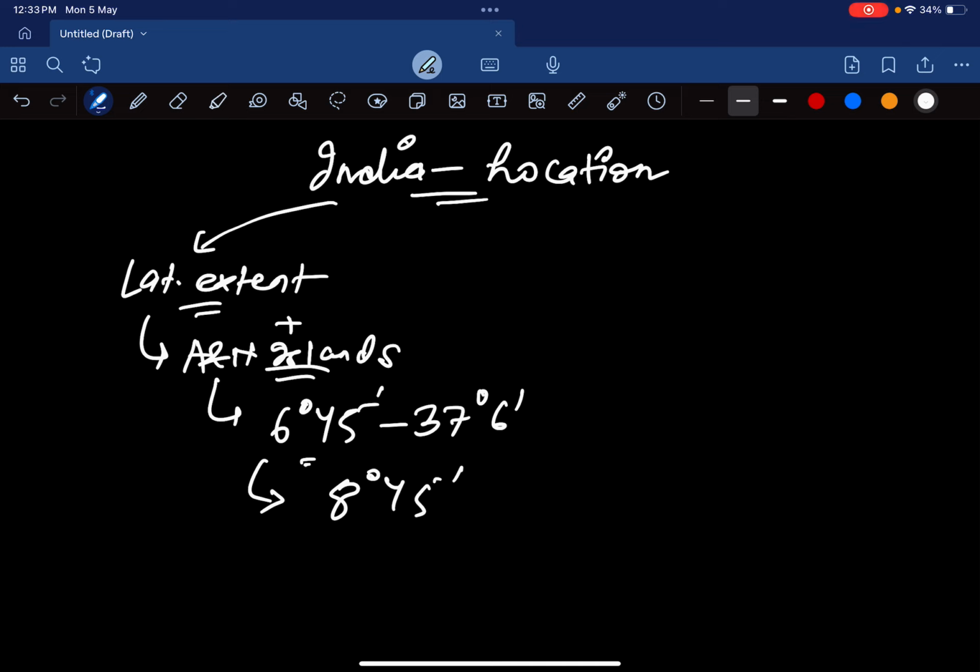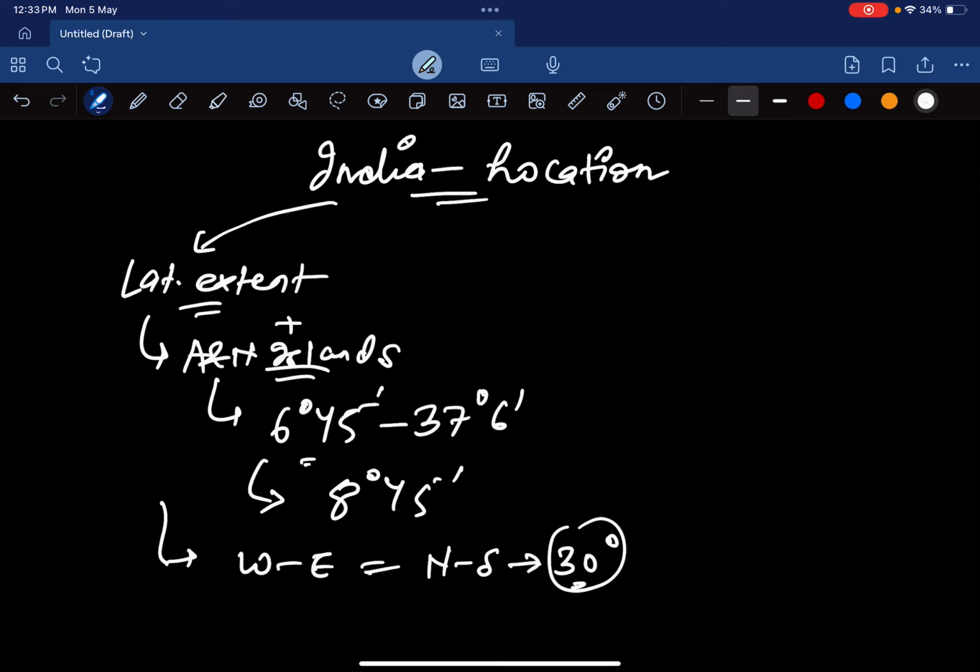Now if we talk about west to east and the north to south, both has a gap of 30 degrees, but there is a difference.